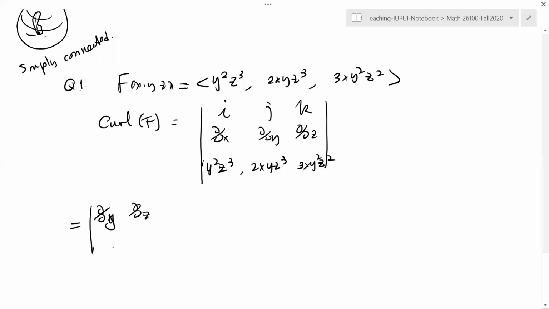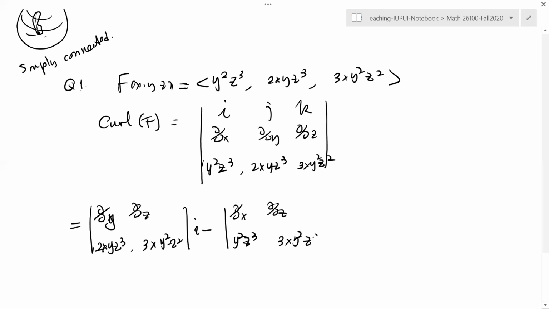So you will get 2xyz cubed, 3xy squared z squared, i minus y squared z squared, 3xy squared z squared, and j and k.